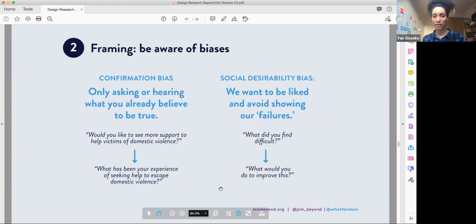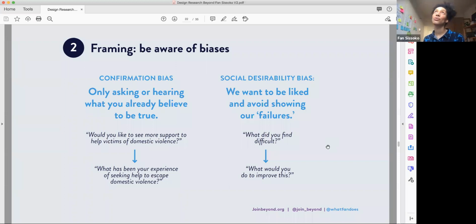The second bias that's really important to be aware of is called social desirability bias. It's when, as human beings, all of us, we don't like to show our failures.